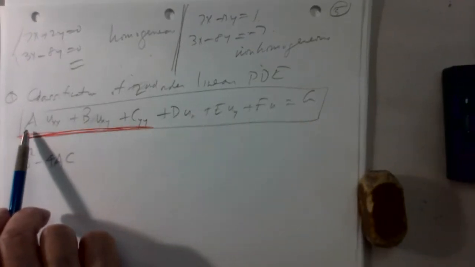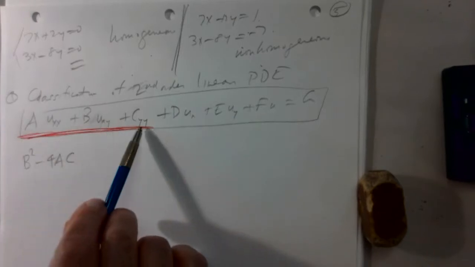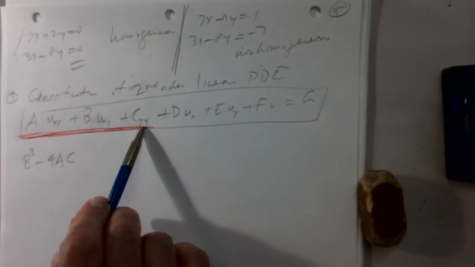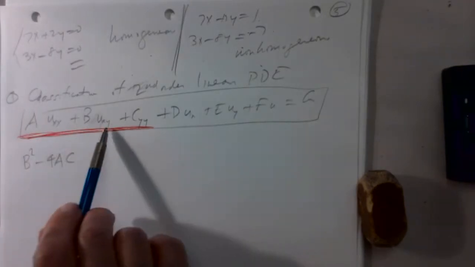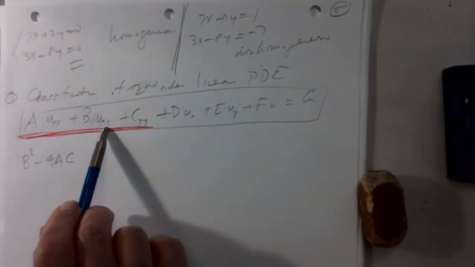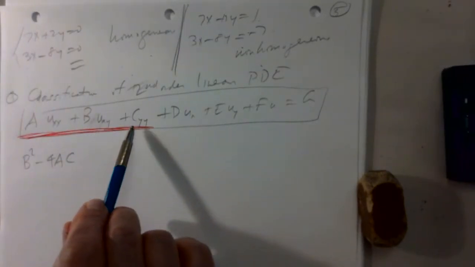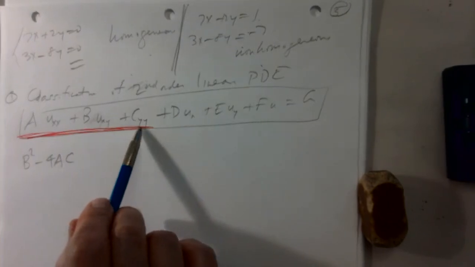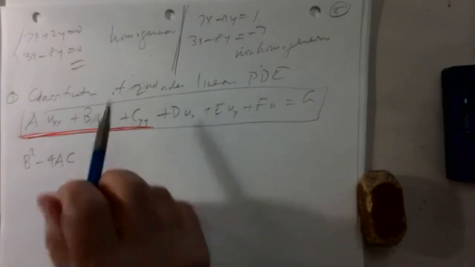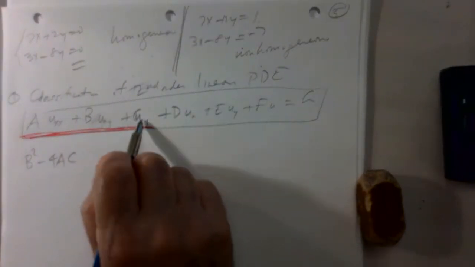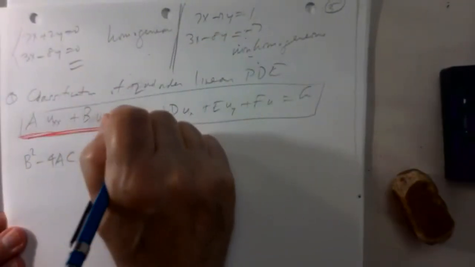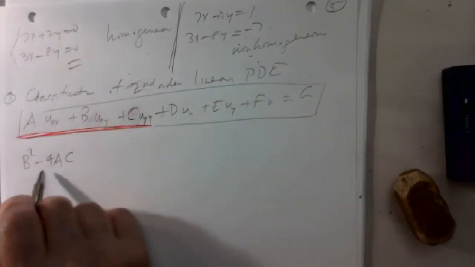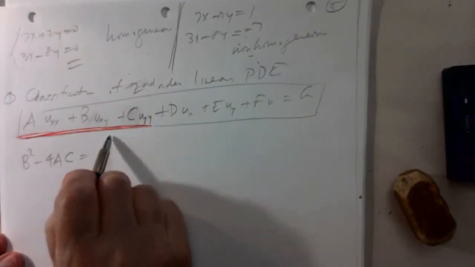Just look at the coefficients of the second order partial derivatives in this equation. A is the coefficient of uxx, b is the coefficient of the mixed partial uxy, and c is the coefficient of uyy, the second derivative of u with respect to y. Look at b squared minus 4ac.